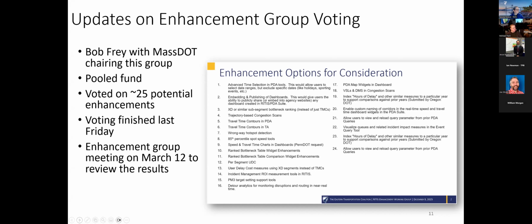The enhancement group just finished voting on 25 potential enhancements for consideration this coming year. We are going to be meeting again on March 12th to review the results of that voting and make plans for how we're going to proceed.